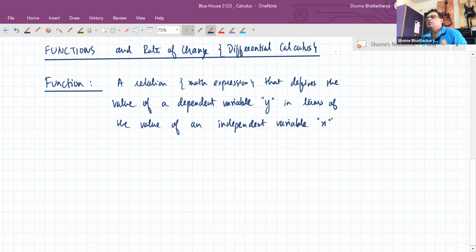So it's more or less what we have all just been talking about, that it's a relationship or an expression that defines the connection between two variables x and y.